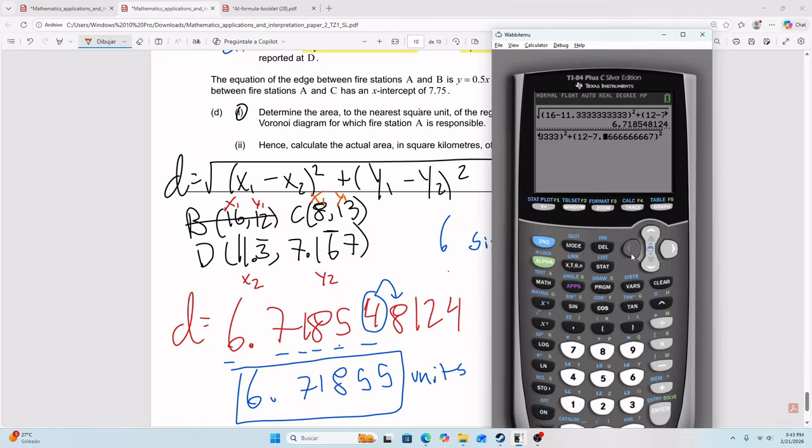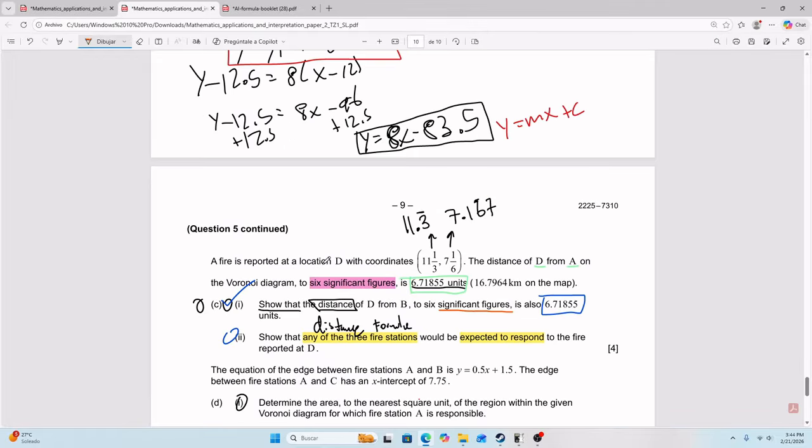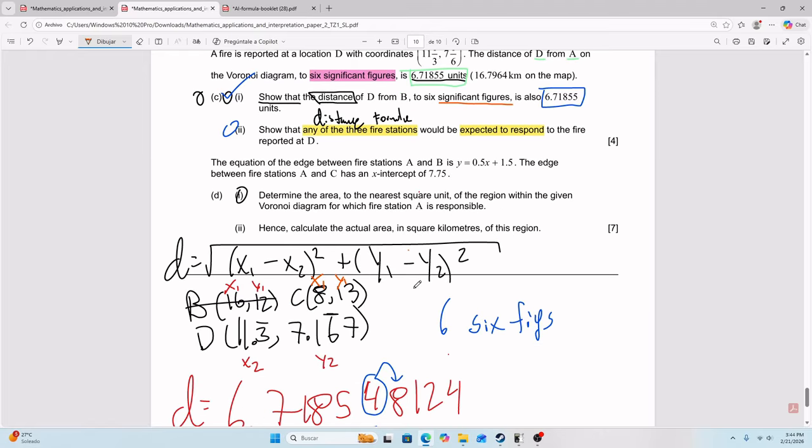So now we can understand that instead of plugging in this 16, we are going to be plugging in this 8. And instead of plugging in this 12, we're going to plug in the 13. And so we press enter, and it gives you the same 6.7185, blah, blah, blah. And so for showing your work a little bit, you would basically write down the distance formula again, but just leaving clear that you're plugging in this and this.